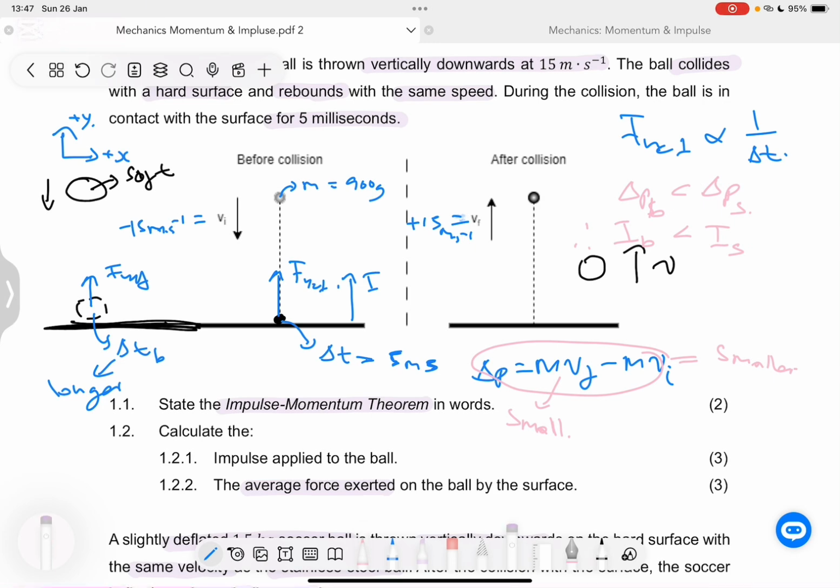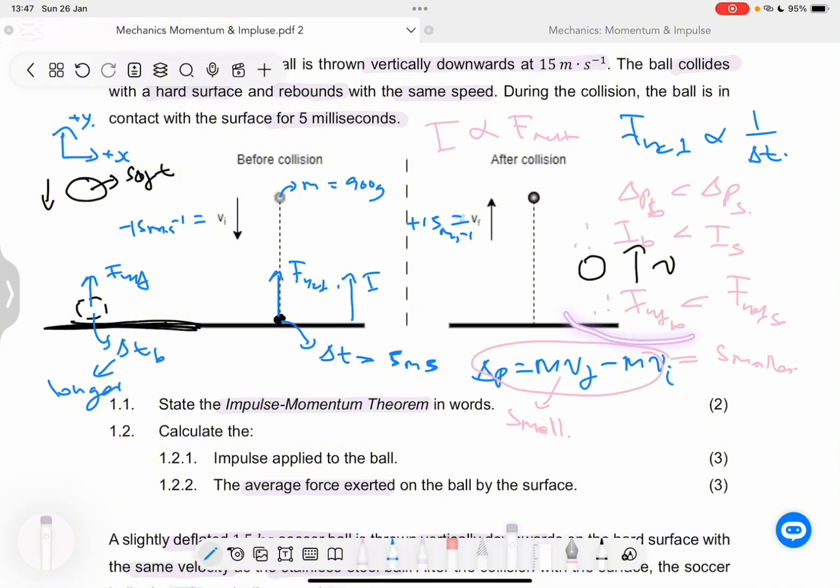Now, you also have to realize that impulse is directly proportional to the net force. Because this side has a small impulse, it must also have a small net force for the soccer ball, and here I'm going to have a big net force for the stainless steel ball.